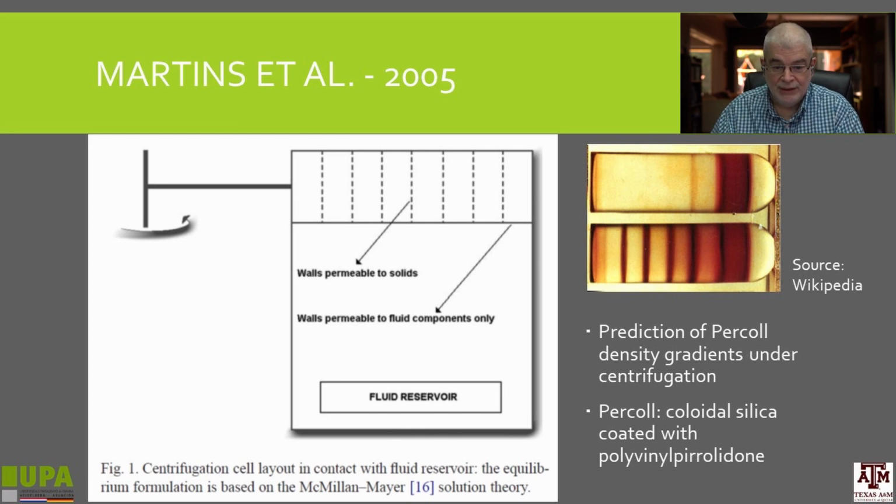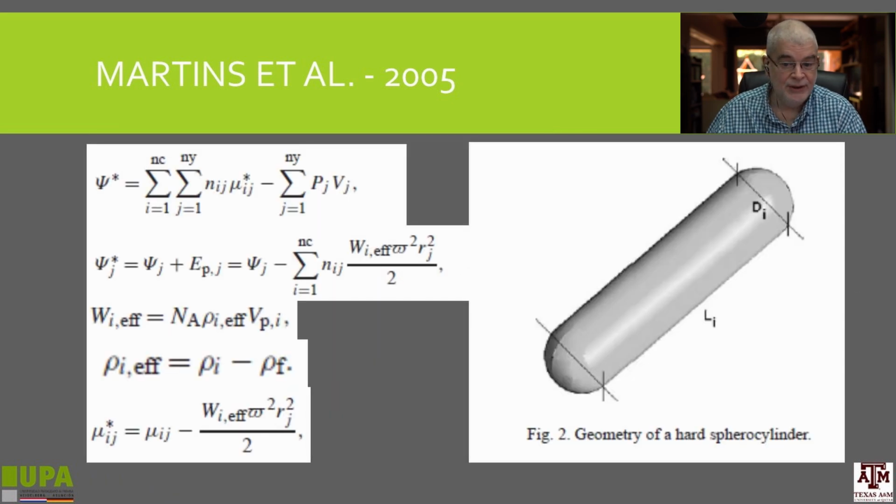So we formulated this. Now this time we used an equation of state for spherocylinders, developed by Professor Silvio Canuto of the University of São Paulo. He had just developed this equation of state.